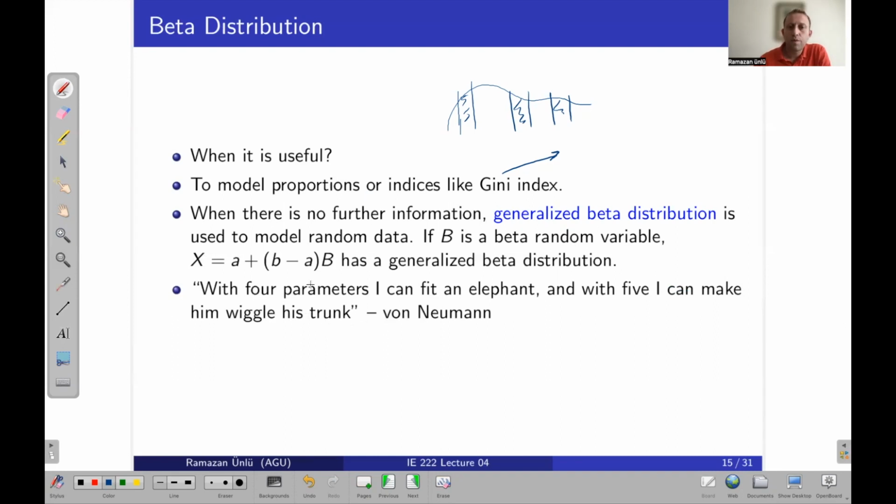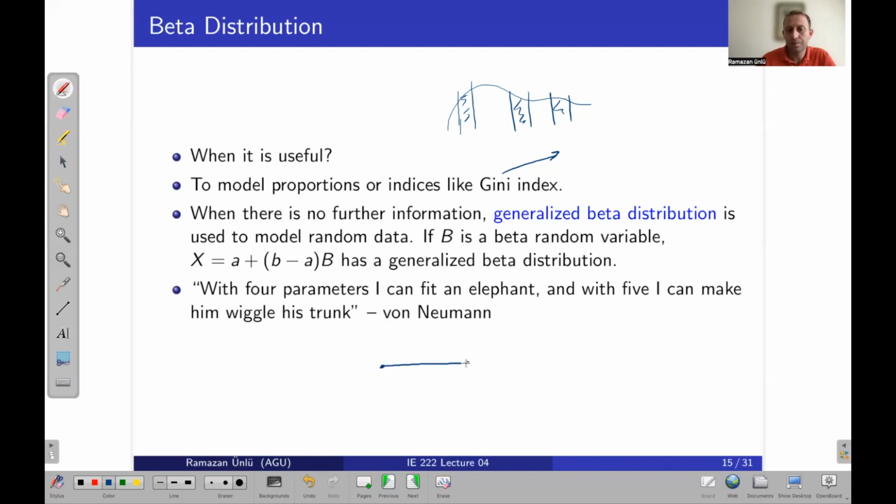Also, when there is no further information, the generalized beta distribution is used to model random data, okay? Such that if B is a beta random variable, X = A + (B - A) times B has a generalized beta distribution. Remember that it is similar to the standard uniform distribution, right?